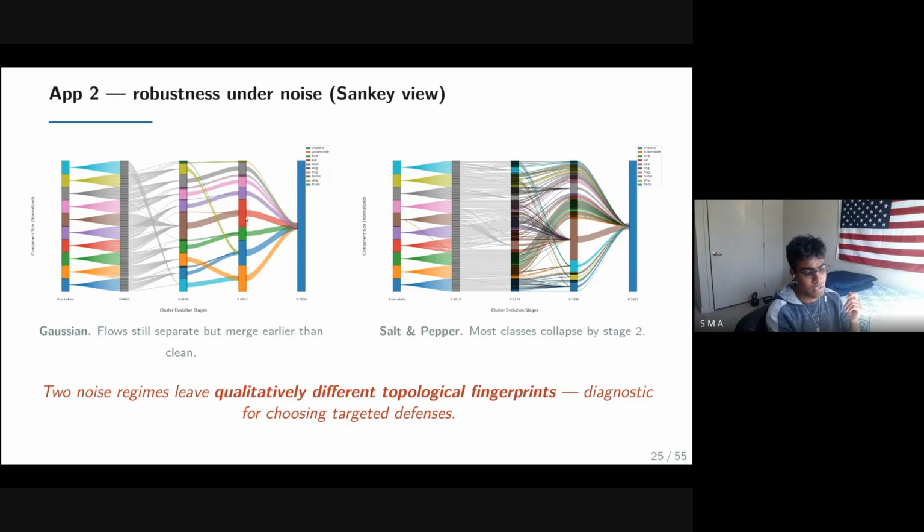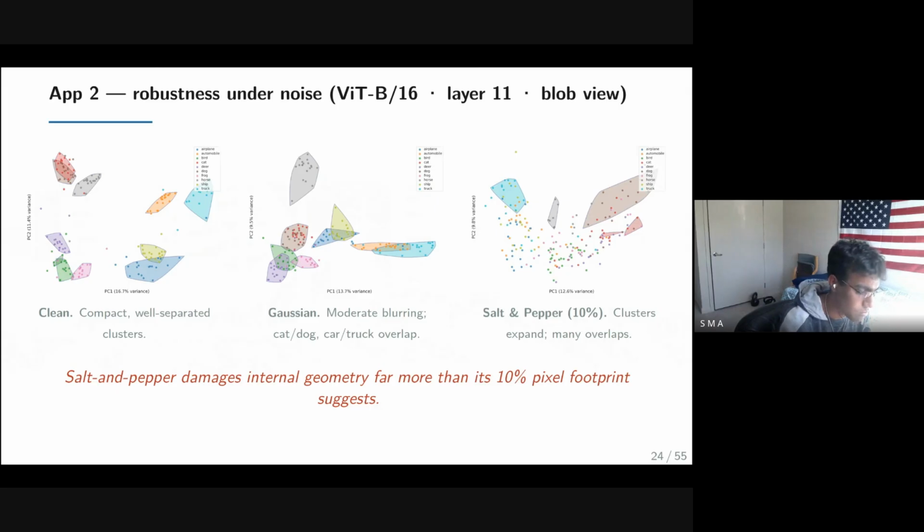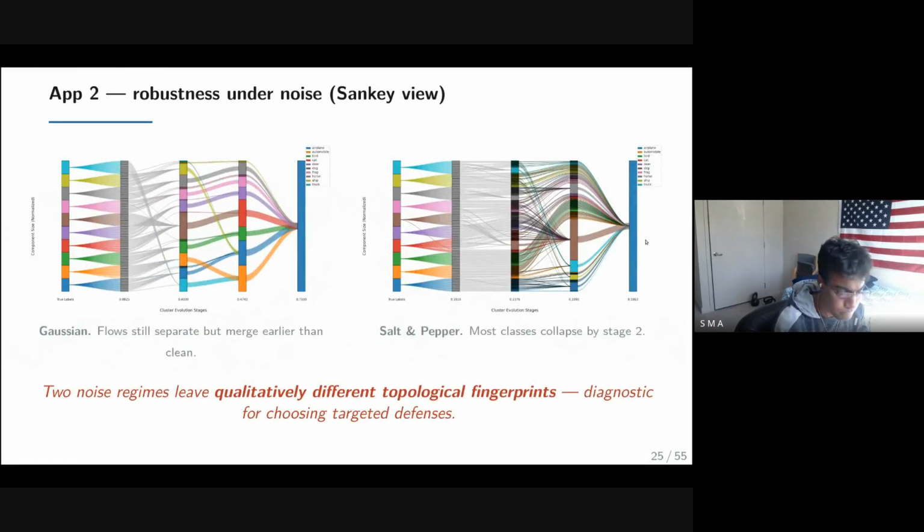Clusters are still being formed, and you can see that the model performs in an okay way. But then you apply salt and pepper noise, it's a mess. It's all noisy data points, and there's nothing out here. All the clusters are all over. So this still tells us about the manifold.